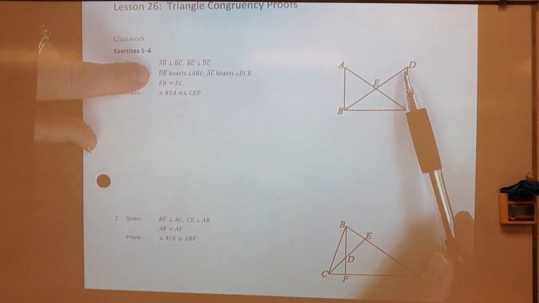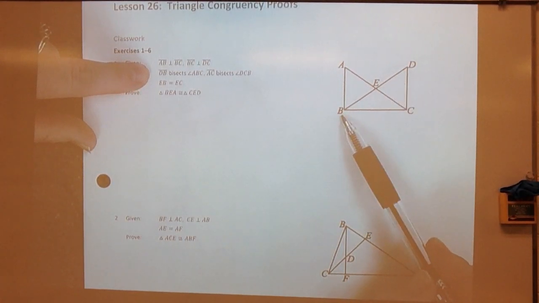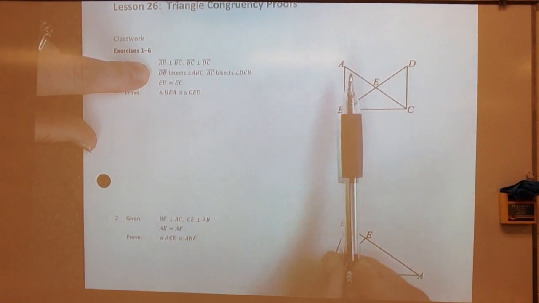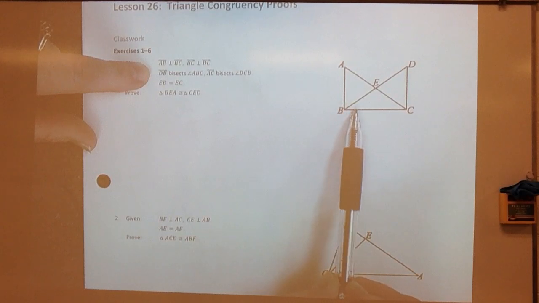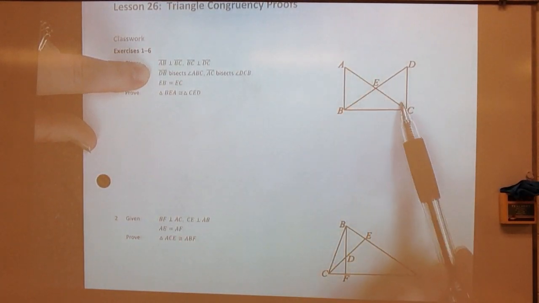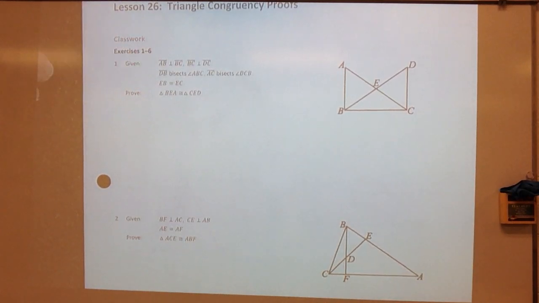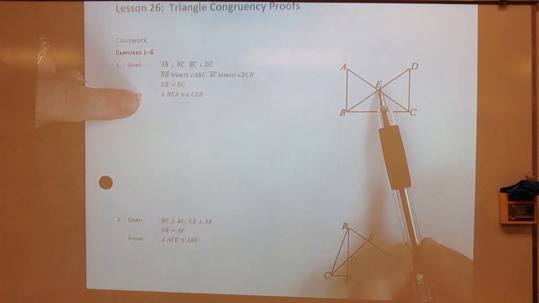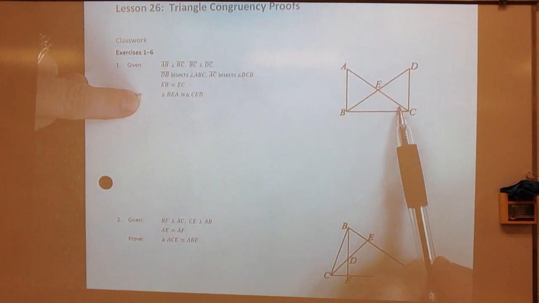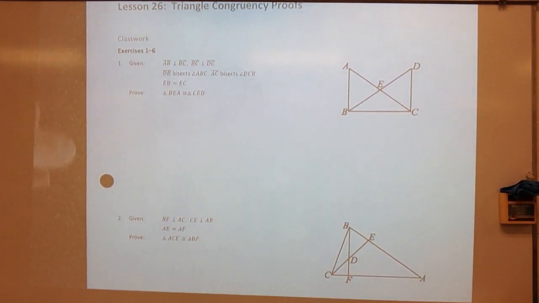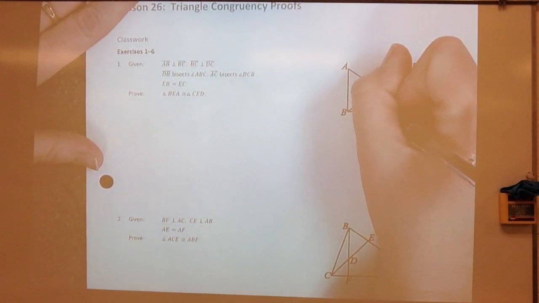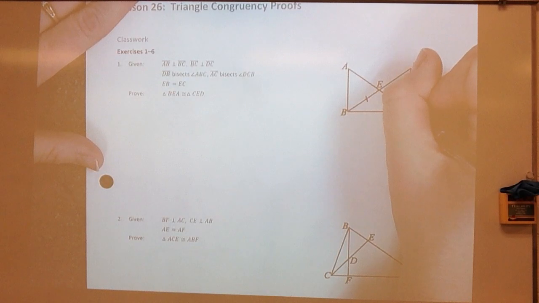We are given that DB bisects angle ABC, this angle here, and AC bisects angle DCB, this angle here. We are also given that EB is equal to EC. Right now there's not a whole lot we can mark, but we can mark that EB is congruent to EC.